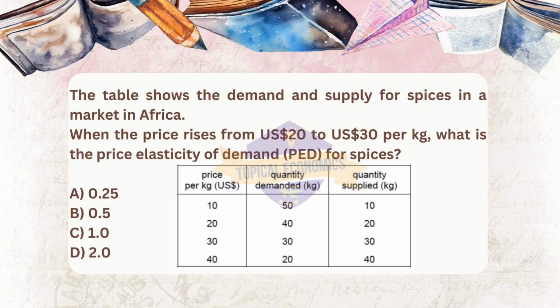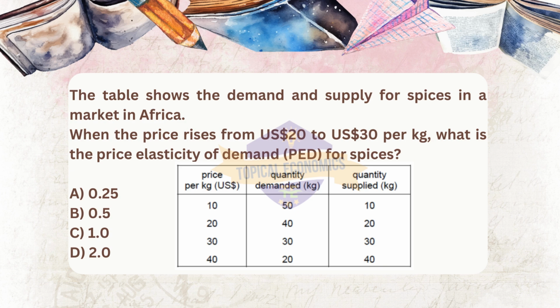D. 2.0. This question is from year 2018 October-November version 1 paper. Here, as price rises, we can calculate that percentage change in quantity demanded equals 25% and percentage change in price equals 50%, thereby giving PED equals 0.5. So the correct answer for this question is option B.